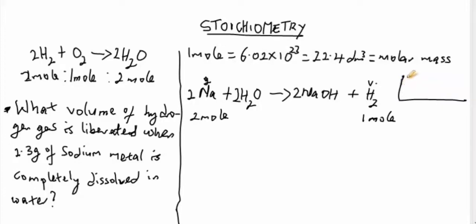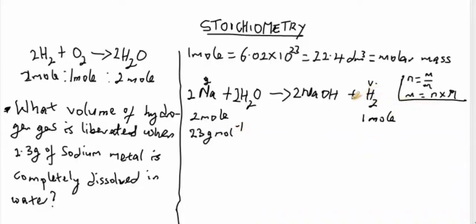The relationship between mole and mass is 1 mole equals 1 molar mass. So we can say mole equals mass over molar mass, which means mass becomes mole times molar mass. The molar mass of sodium we know is obviously 23 grams per mole.